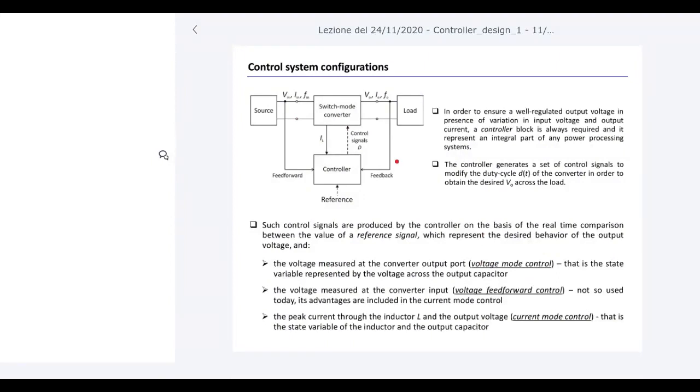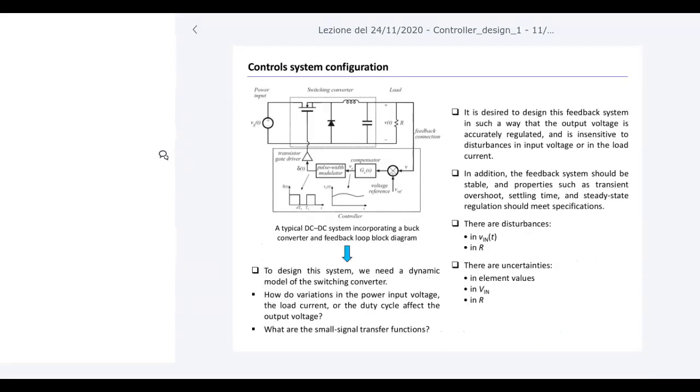I said there are the voltage mode control, which senses the output voltage, and the current mode control, which senses another state variable, the inductor current, and together with the output voltage generates the control signal. In the following, we focus our attention on the voltage mode control and the current mode control. Feed forward is another kind of control that I already described, but all its advantages are included in the current mode controller.